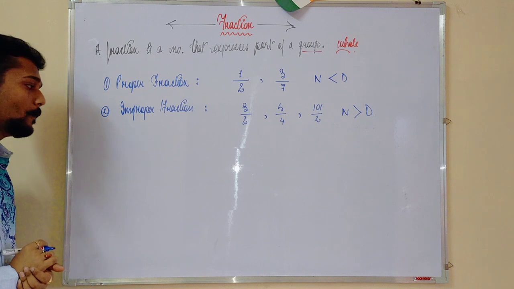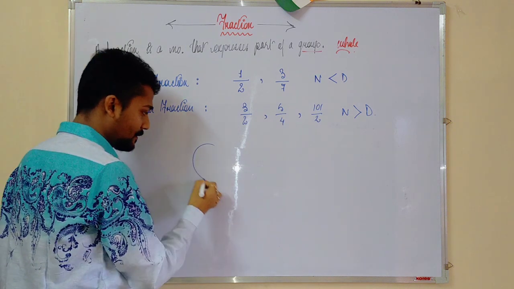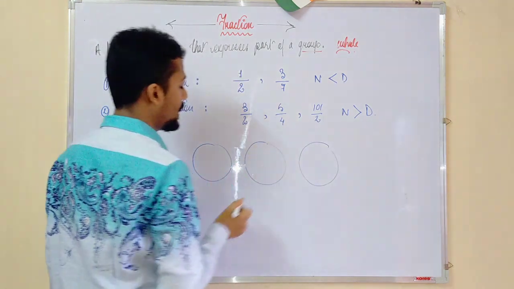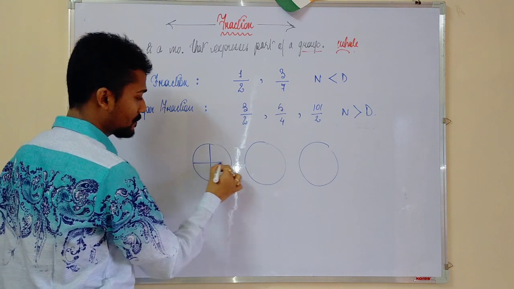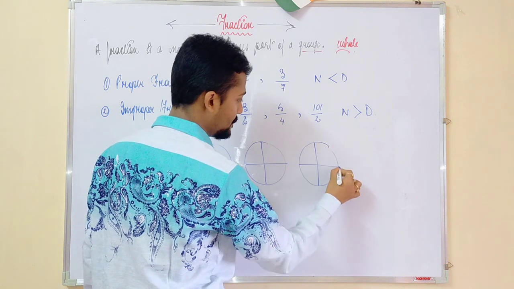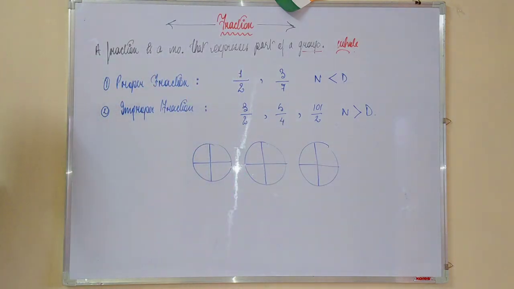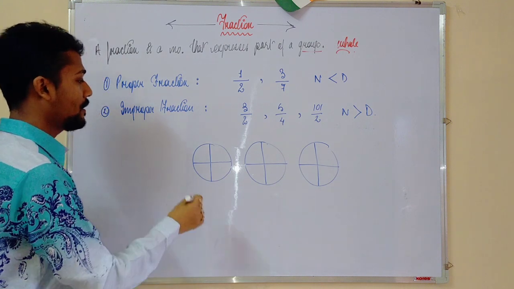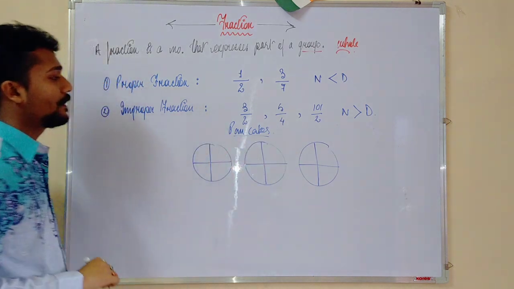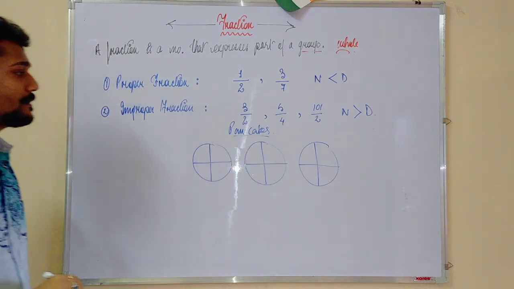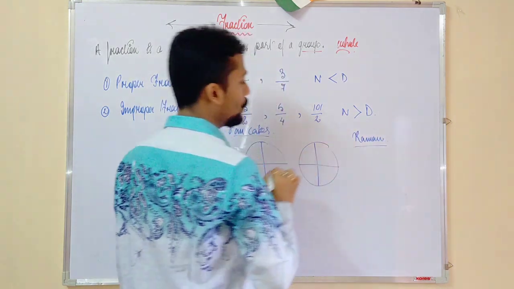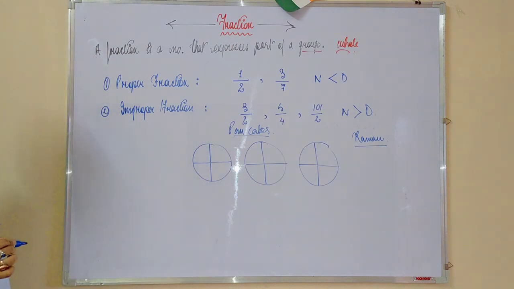Now I take 3 figures, 1, 2, 3, and divide them into 4 parts. Say for example, these figures are 3 pizzas or 3 pancakes. I have taken 3 pancakes, and Raman is a boy who loves to eat pancakes.